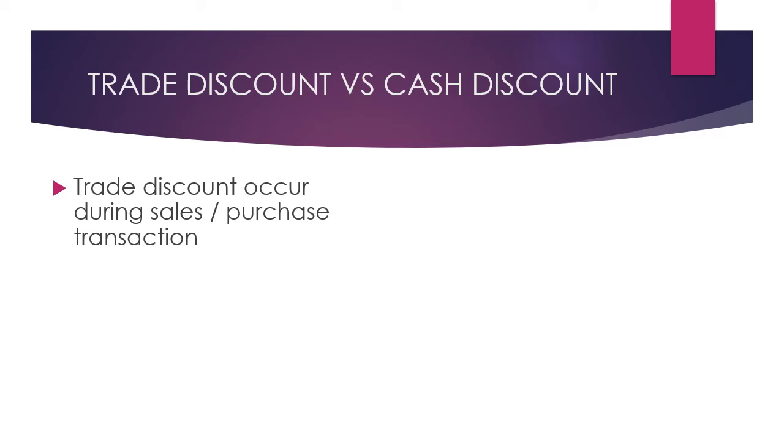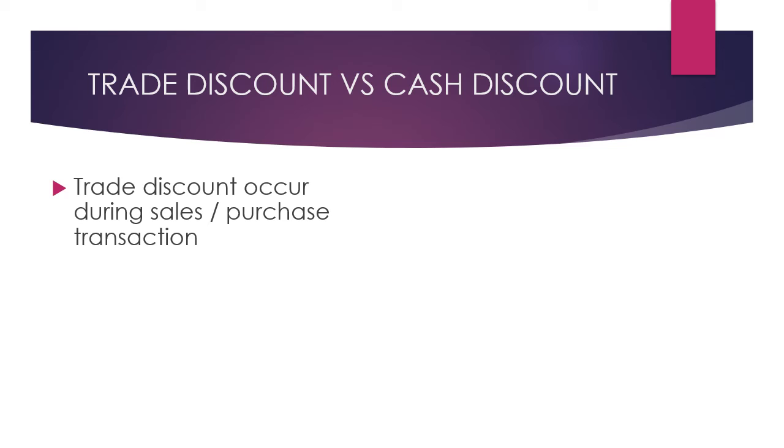After negotiation, they allow you a discount, and you only need to buy that particular item with 450. So you actually have a 50 ringgit discount. That particular discount during the negotiation of sales transactions will be called trading discount or trade discount.